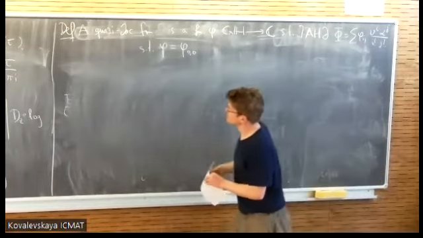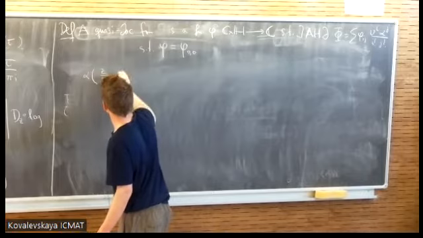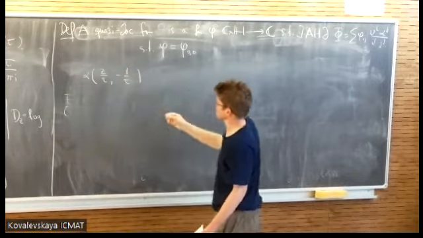And similarly, you can check that if you take this alpha and you do this change here. So alpha was the imaginary part of z divided by the imaginary part of tau.